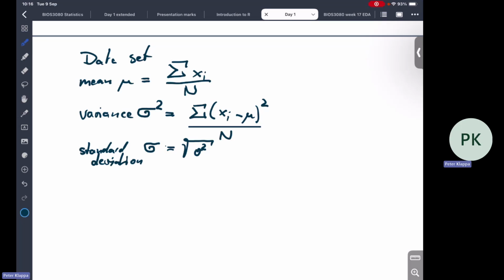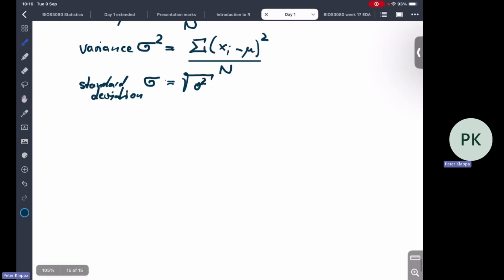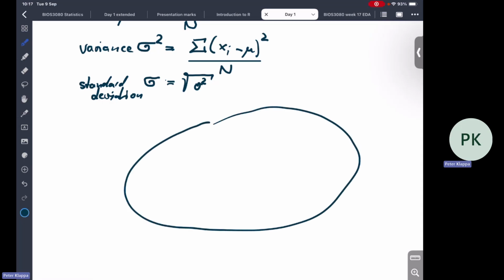So I need to be careful what I define as my population. But usually what we say is we simply have a population. So that's the population.